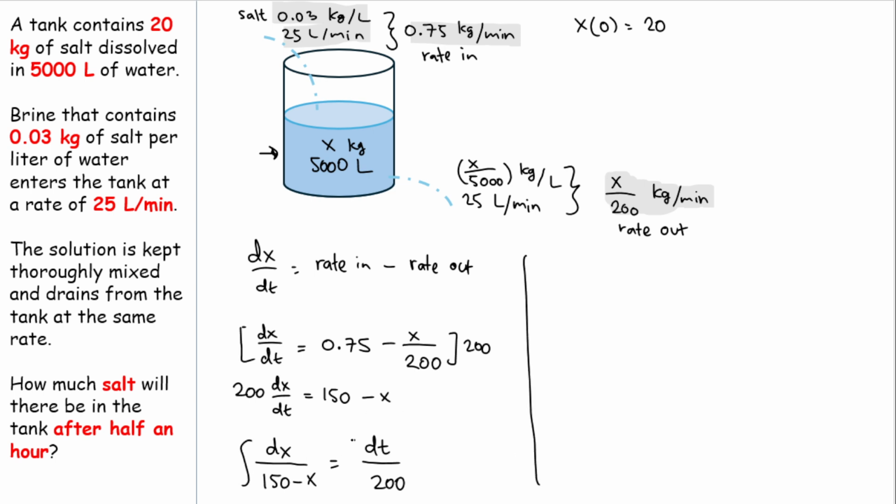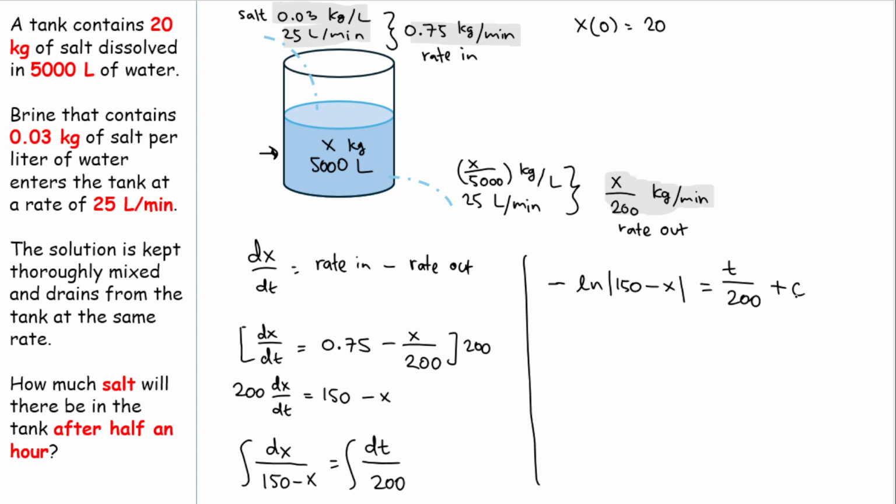The integral on the left gives ln of 150 minus x, but because of the chain rule we have a minus sign, so minus ln of 150 minus x equals t over 200 plus some constant.